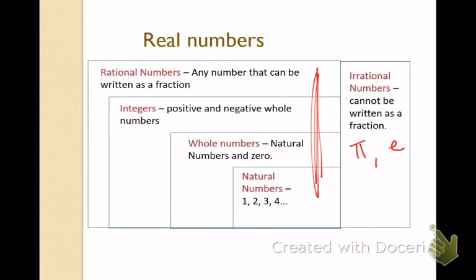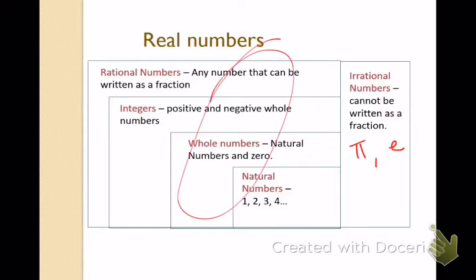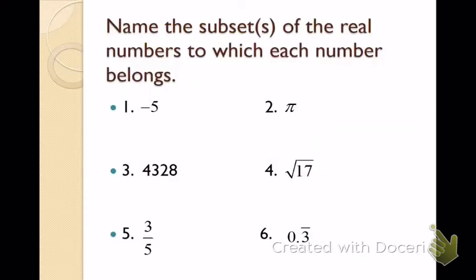You can go down, but you can't go up, right? So that might be a trick in trying to figure out what group a number is going to belong to. Now, if it belongs to a number group over here, it's not going to be irrational. And if it's an irrational number, it's not going to belong over here with these guys.